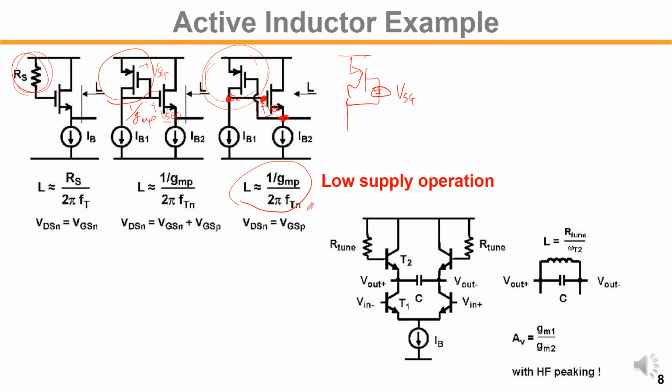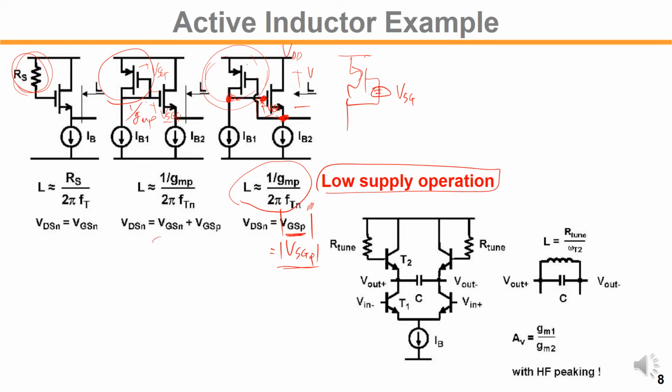In this example, the output will be only one VSG drop from VDD, right? So VDSN is only the VSGP drop here. That will require a lower supply than the other case.